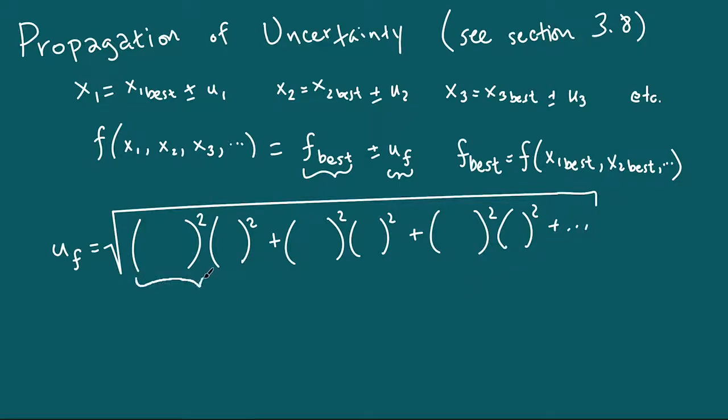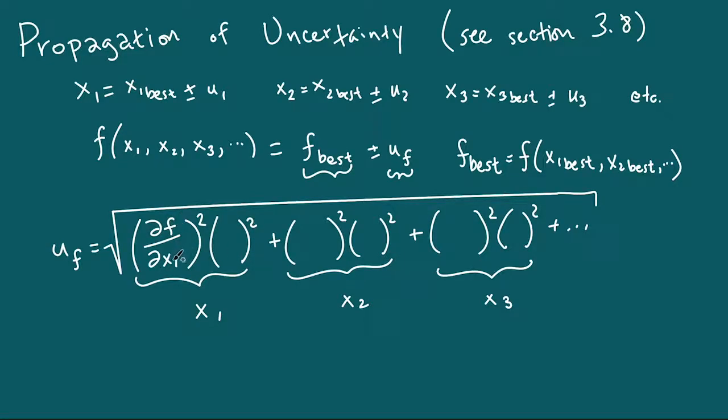Each one of these products is associated with one of the variables. So let's say that's associated with the x1 variable, that one's associated with the x2 variable, that one's associated with the x3 variable, and then dot, dot, dot, because who knows how many variables there are. So for every variable, you're going to have one of these products, and each product involves the square of two things. The first part, and this is where the partial derivative comes in, is we have to take the partial derivative of the function with respect to that particular variable of interest.